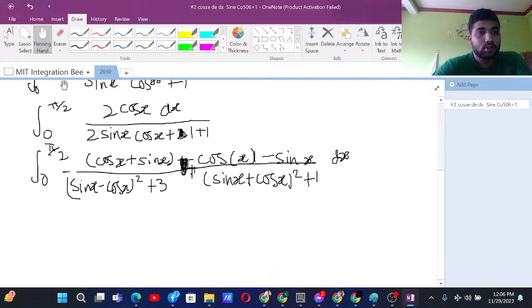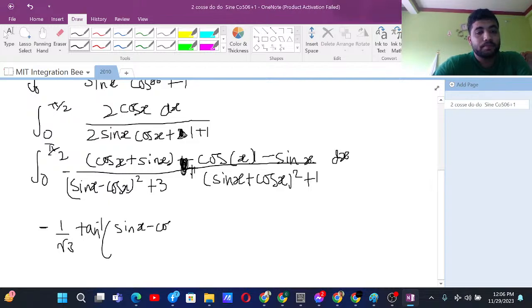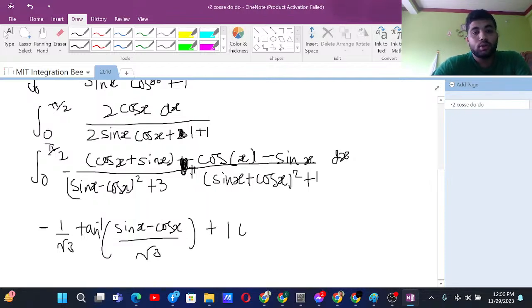I guess you understood what we have done over here, and it's just minus 1 by root 3 tan inverse of sin x minus cos x by root 3, and then plus tan inverse of sin x plus cos x, and it will be from 0 to pi by 2.